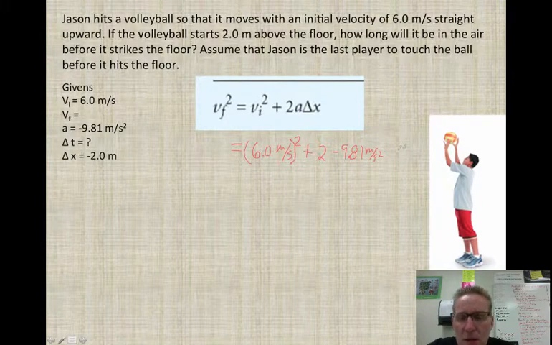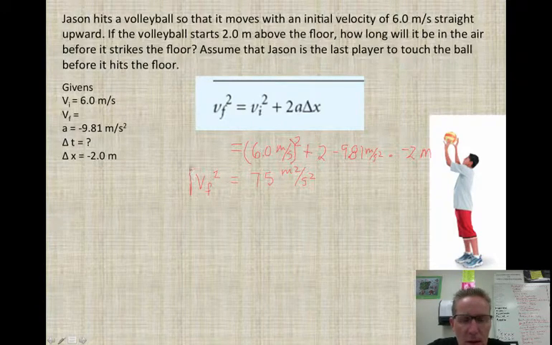And then we have our change in position is going to be negative 2 meters. And so if we go through that, we should get 75. If we do all this math, we're going to get 75 meters squared per second squared. And we still have VF squared over here.